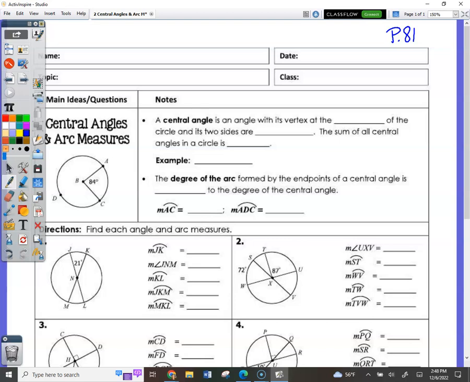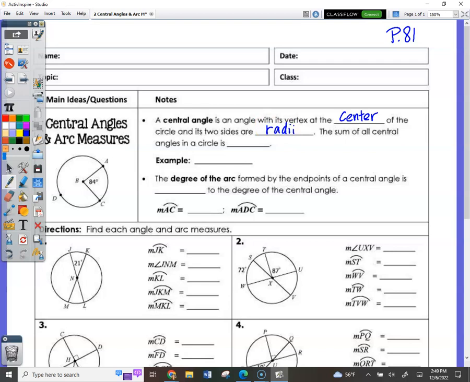Central angles are angles where the vertex is the center of the circle. Which means if the vertex is the center, the two sides of the angle are each a radius. So here two sides are radii.